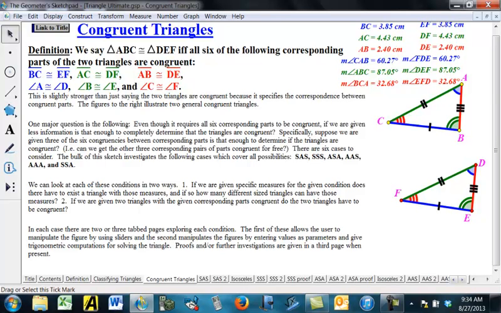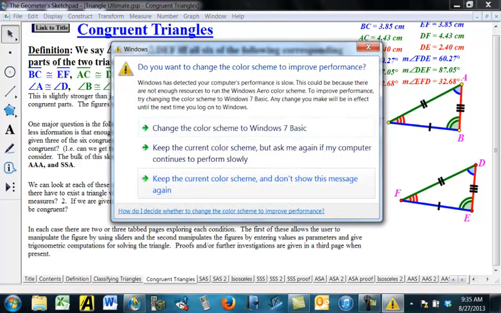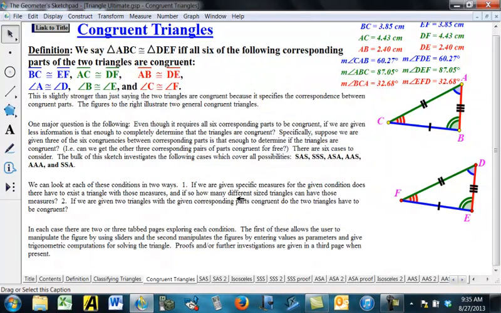And we've already looked at the underlying question here, which is: when you have 3 sets of congruencies, when is that enough to make all the other 3 congruent as well?